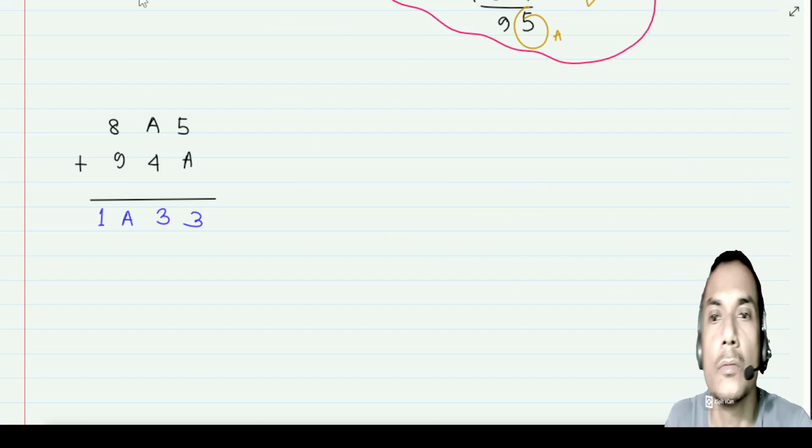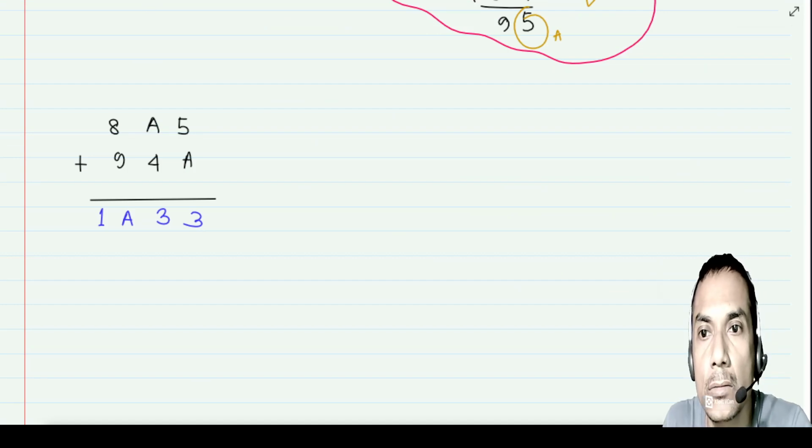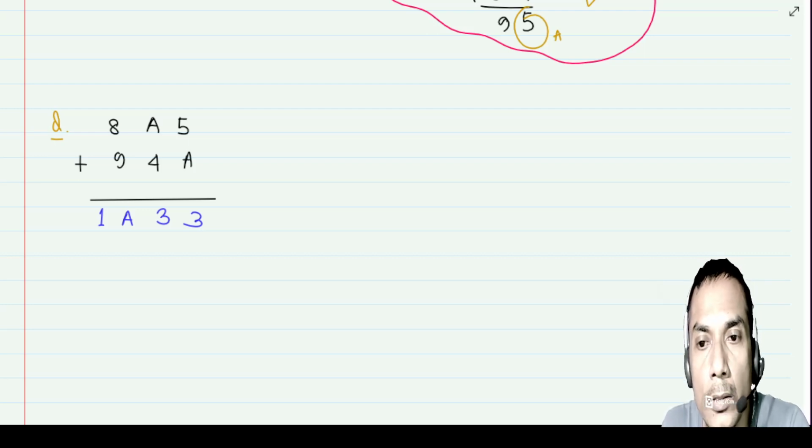Now try to answer this question. So 8A5, this 3-digit number, summed with another 3-digit number, gives a 4-digit number. So in this case definitely the last digits 8 and 9 give us 1A.